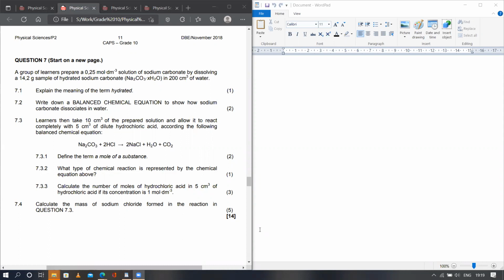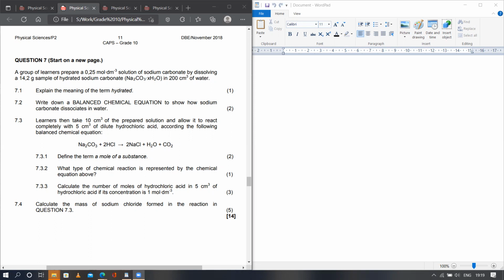So now they say a group of learners prepare 0.25 mol per liter solution of sodium carbonate, because we know that cubic decimeter is 1 liter, by dissolving a 12.2 gram sample of hydrated sodium carbonate in 200 cubic centimeters of water.